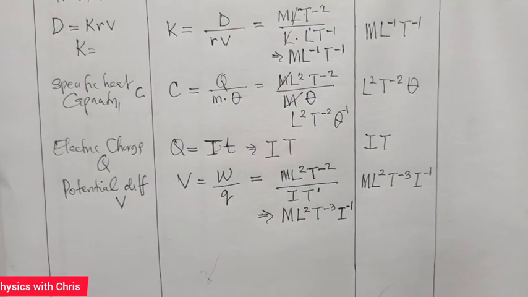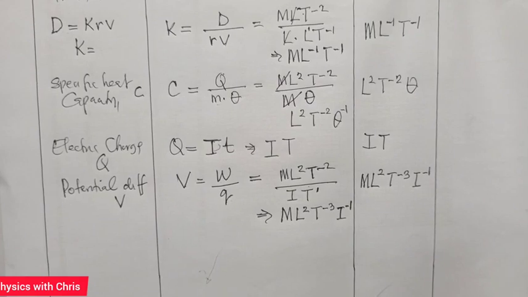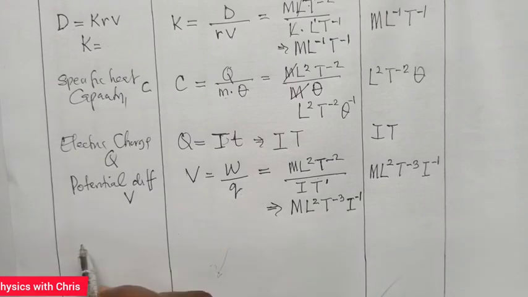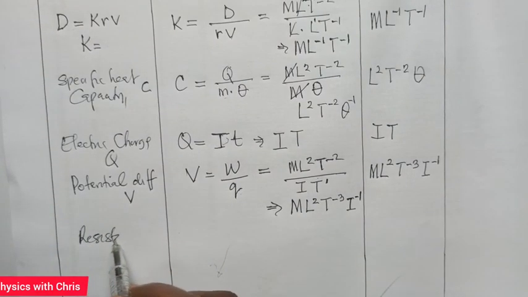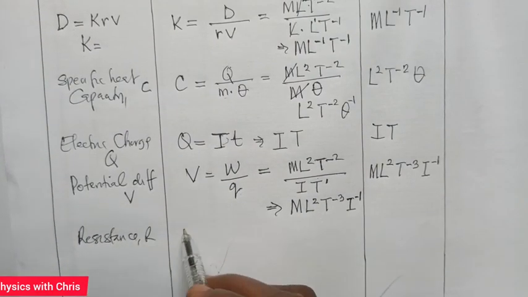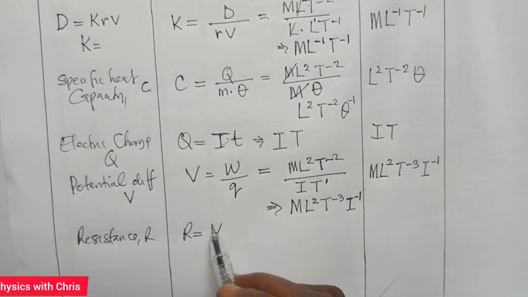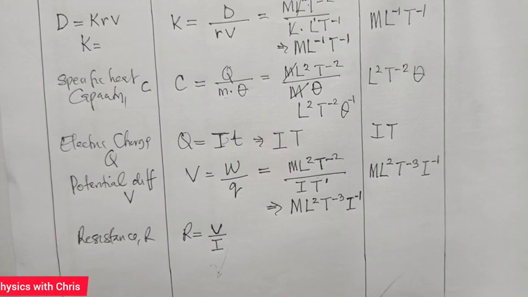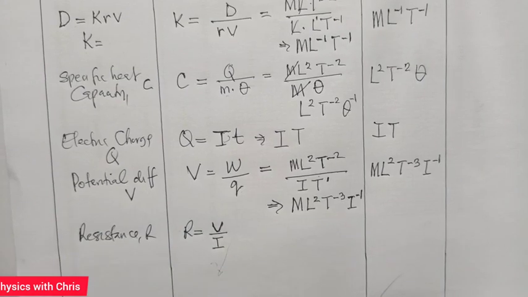Now, electric potential will have the same dimension as potential difference, whether it's electric potential or potential difference. Now, how about the dimension of resistance? How do we dimension resistance? Resistance is defined as the ratio of the potential difference between the terminals of the resistor to the current that is passing through.